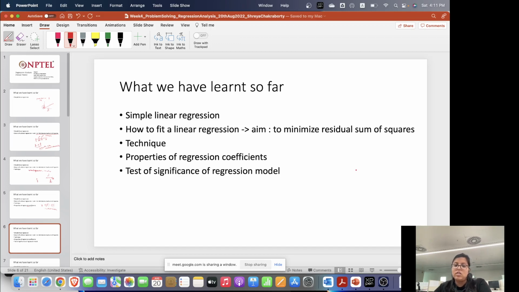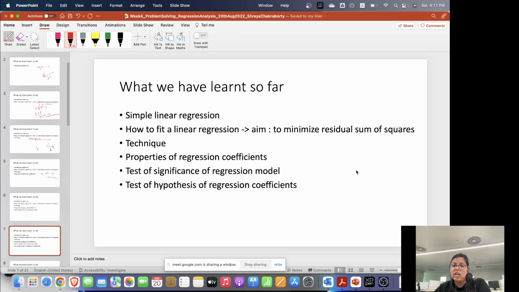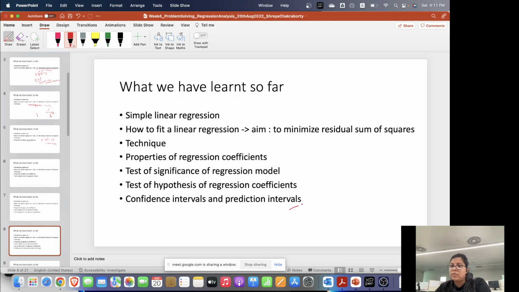We also tested hypotheses on single regression coefficients, H naught: beta naught equal to 0 and H naught: beta 1 equal to 0. And we have seen how to calculate confidence intervals and prediction intervals.